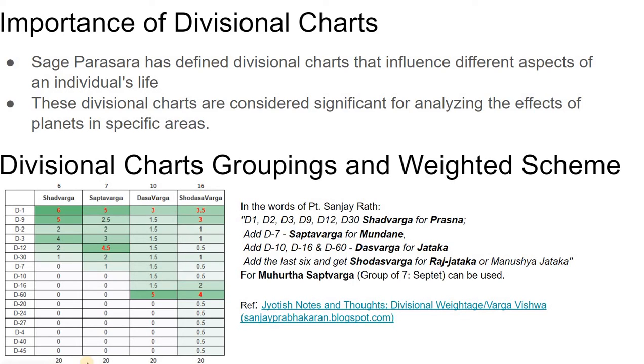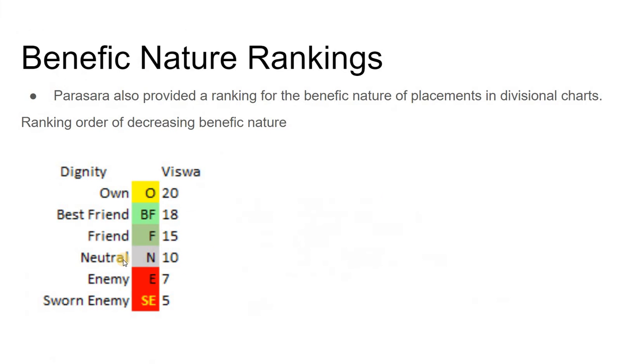So for all Vargas, the scores are out of 20 and weightages are different. So this is what Parashara has given. And when we come to any divisional chart, if the planet is in its own house, it gets a score of 20. When it is in a best friend's house, it gets a score of 18.